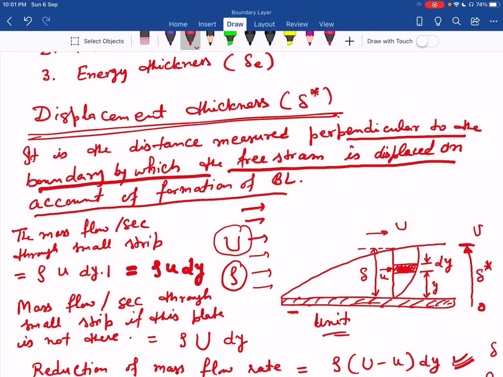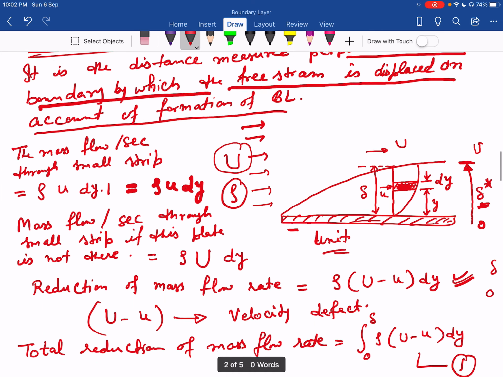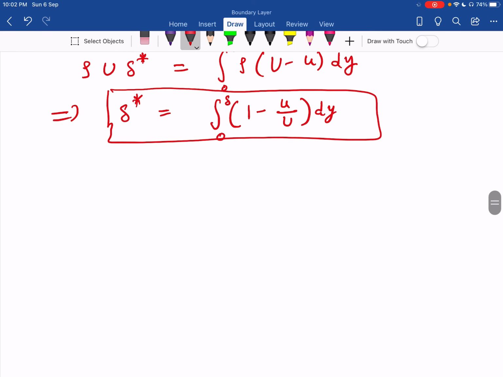So that is delta star, the distance by which we move the plate on account of formation of boundary layer. This is the displacement thickness.